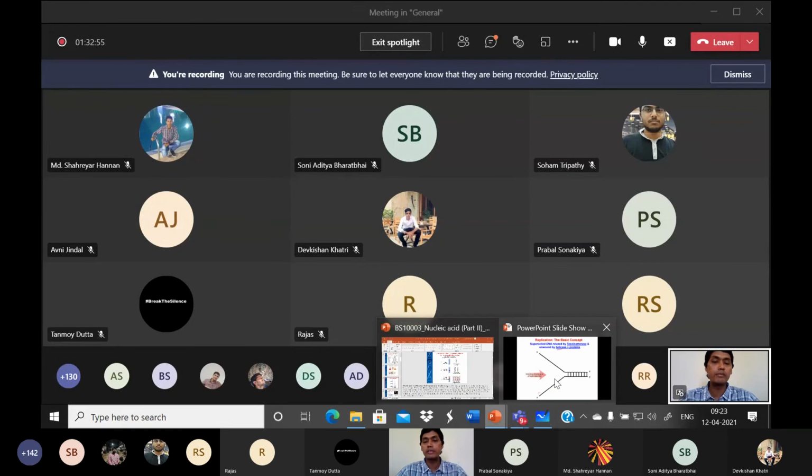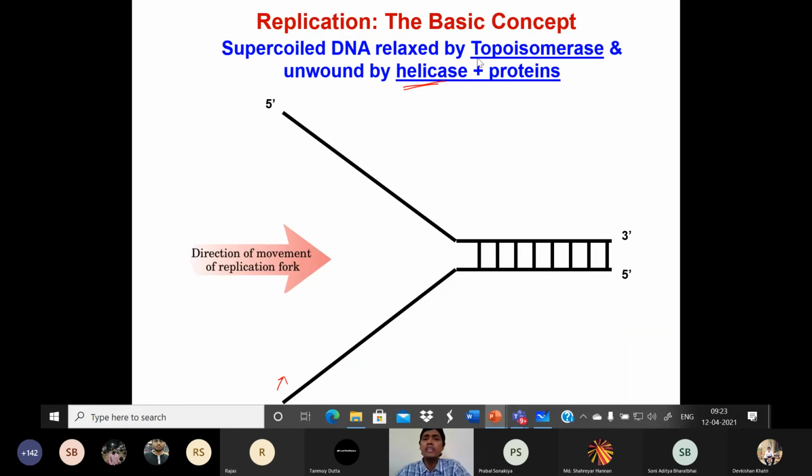So again, coming to this slide. So here the supercoiled DNA is getting relaxed. That means the coiling is getting relaxed by topoisomerase, the enzyme, and unwound by helicase. So another enzyme that breaks the hydrogen bond. So as a result of that, you will get this fork. So this is called replication fork.